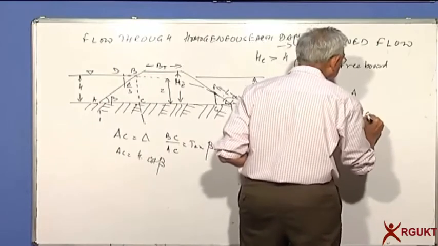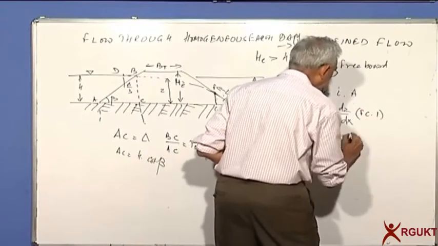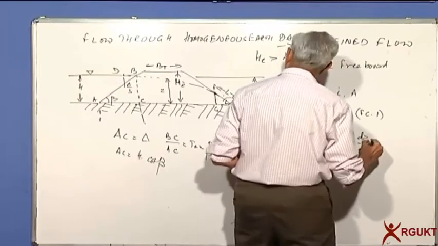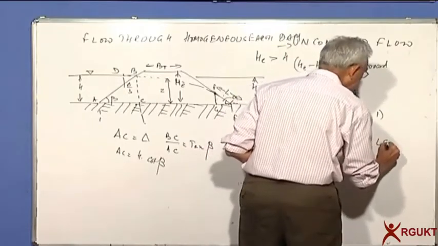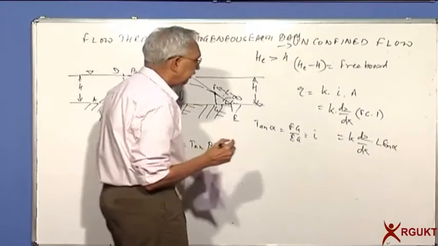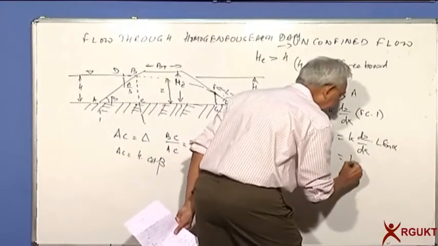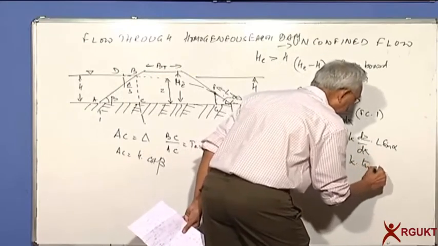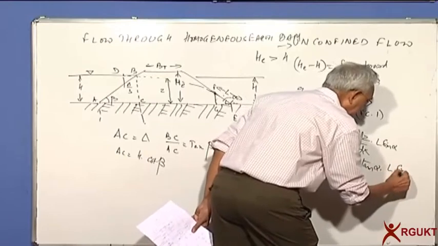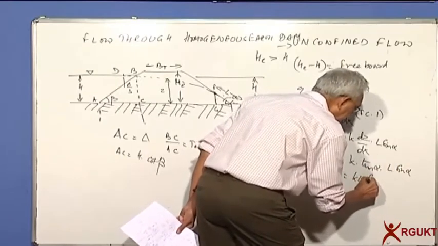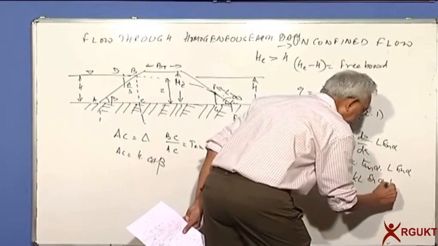FG into 1, so this is K dz by dx into L sin alpha, and FG by GE is nothing but tan alpha. So flow is equal to K into L sin alpha tan alpha.